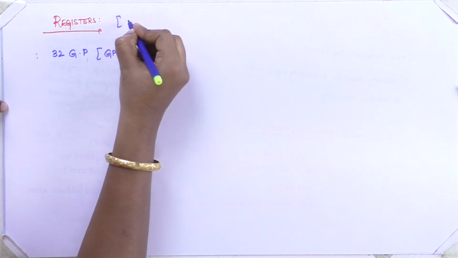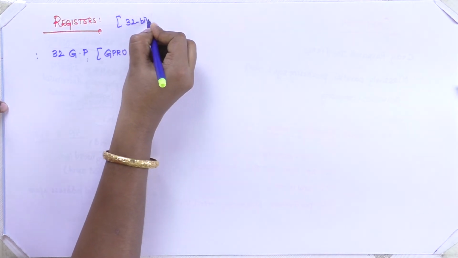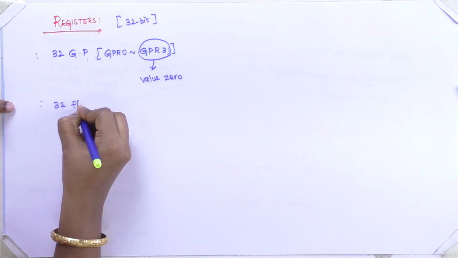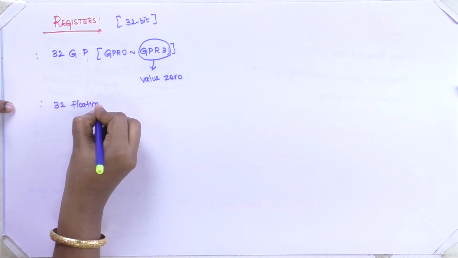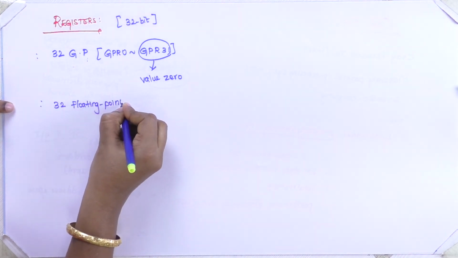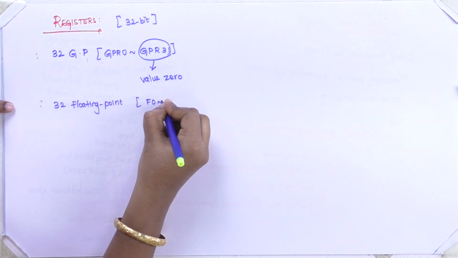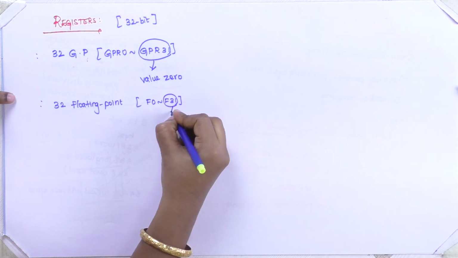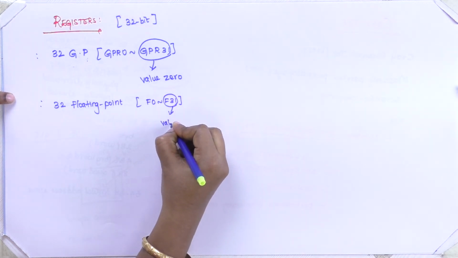Each register is 32 bits long. We also have 32 floating point registers, F0 to F31. F31 will always contain the value 0.